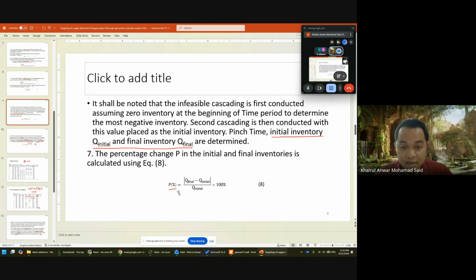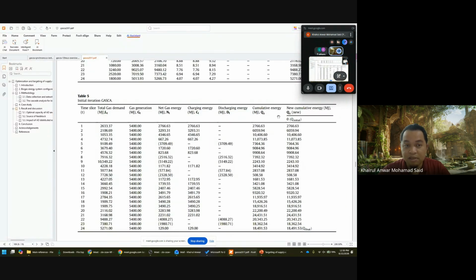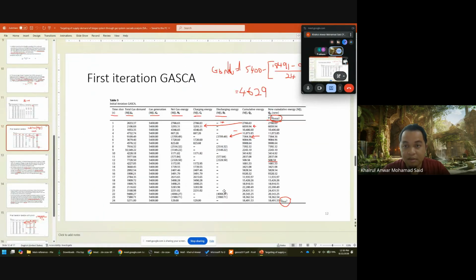So P percent equals Q final minus Q initial divided by Q initial. This Q final and Q initial are based on this initial iteration. In this case, Q initial we start with zero, which is normal for the initial iteration. Then Q final.